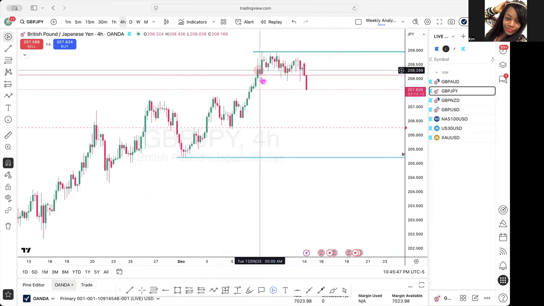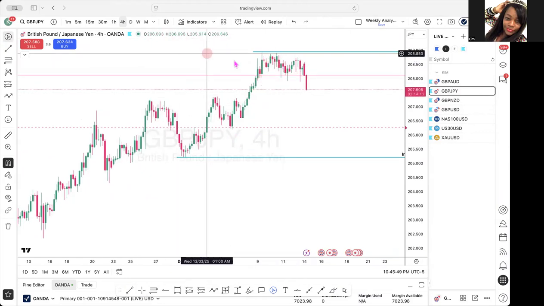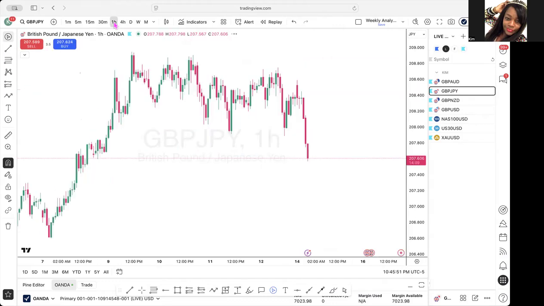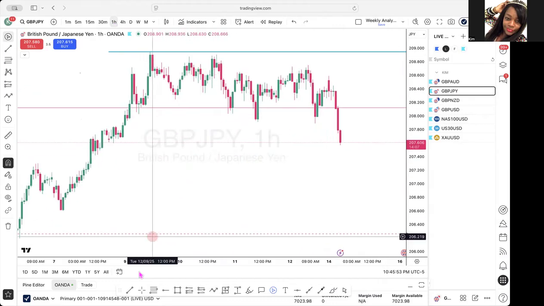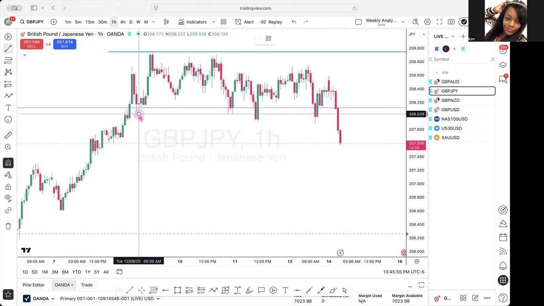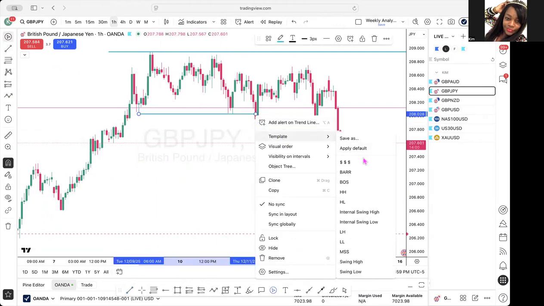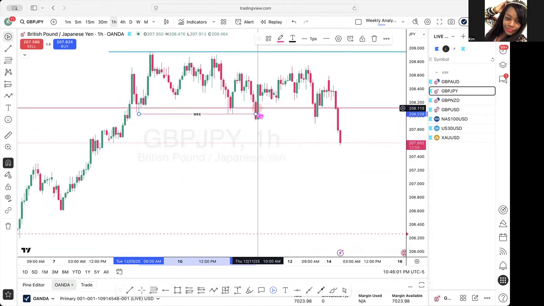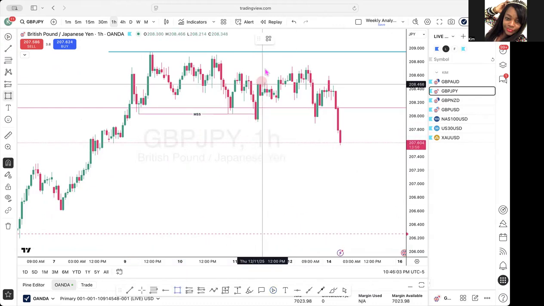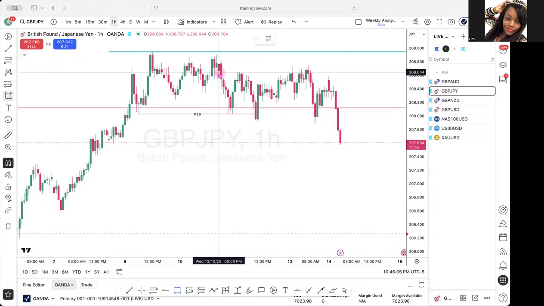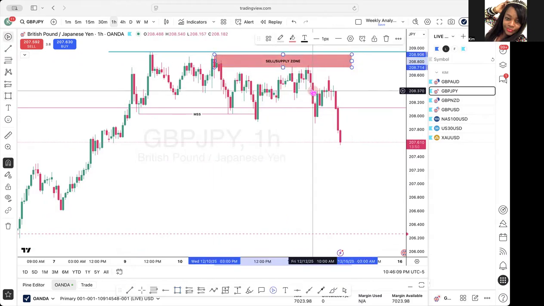And it's looking like, I think there was a 1-hour structure that it shifted. Yeah. Okay. So it shifted this 1-hour structure. Micro structure shift. Once you got this shift, mark up the supply zone, which price tapped and sold.